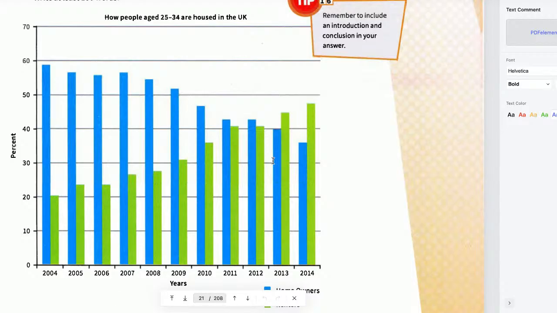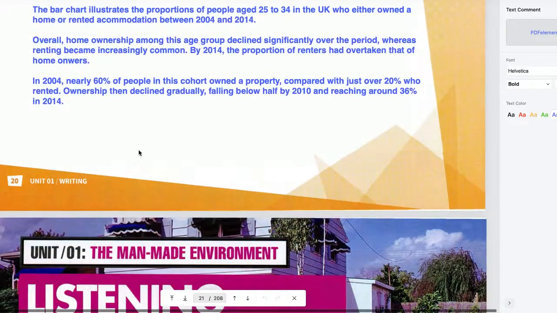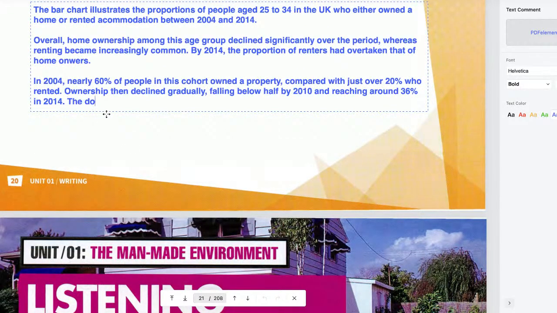You can write, okay, full stop, the downward trend was particularly pronounced.